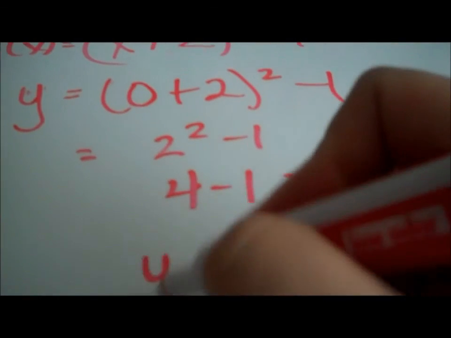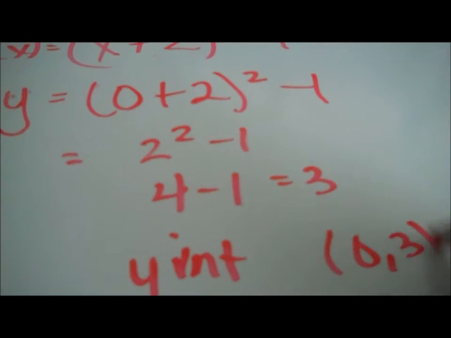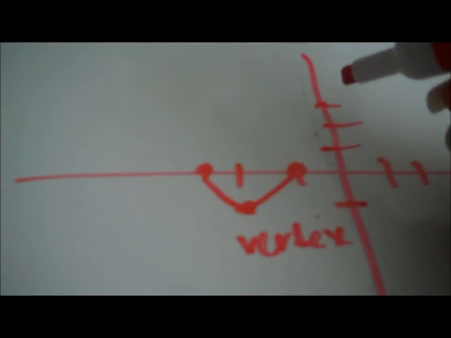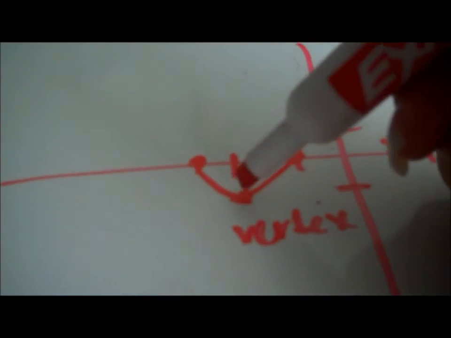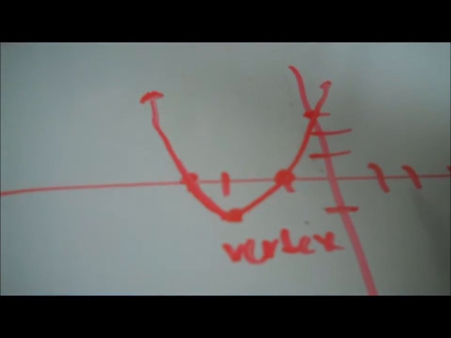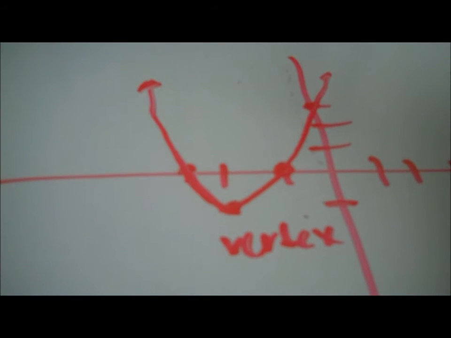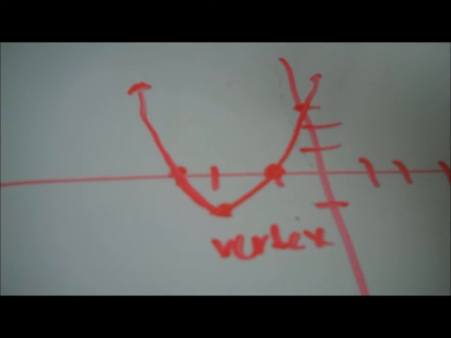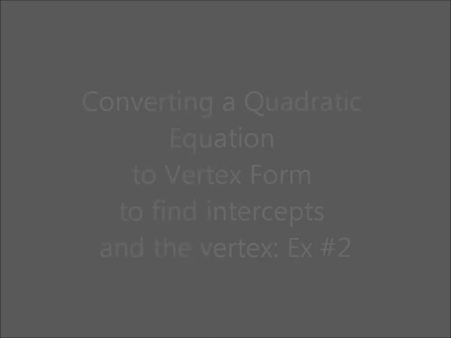So our y-intercept is going to be at 0, 3. Which it looked like it over here, right? 0, 3. We can kind of see that, right? Okay. And that's how we would graph it. Again, my lines are not spaced out correctly, so it doesn't look perfect, but again, my pictures never are. Just use your imagination. Okay, let's do another one.